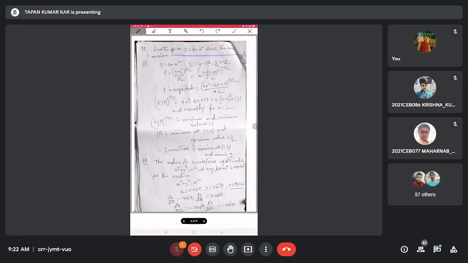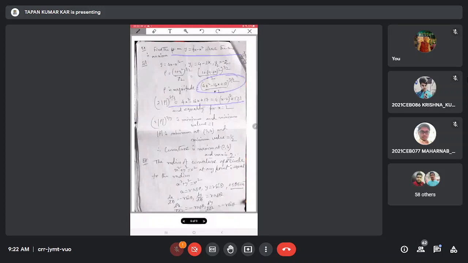So the radius of curvature is this formula, and here you have to find the point. If at any point the radius of curvature is maximum, the curvature is minimum. So first find the radius of curvature, and its expression is like this.